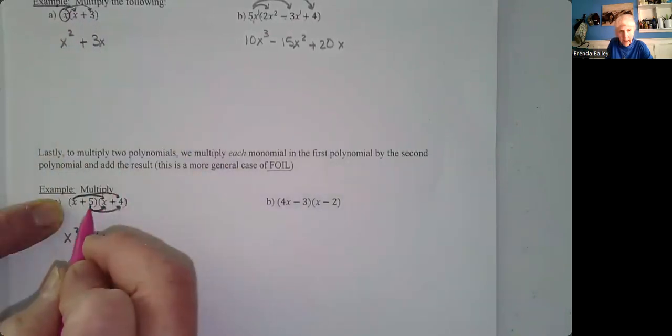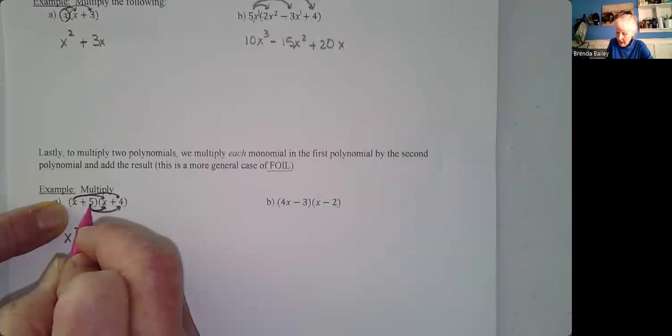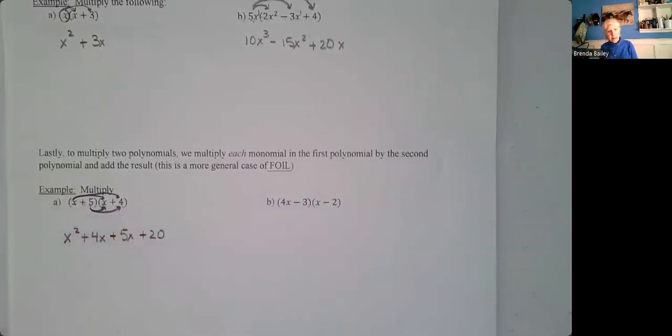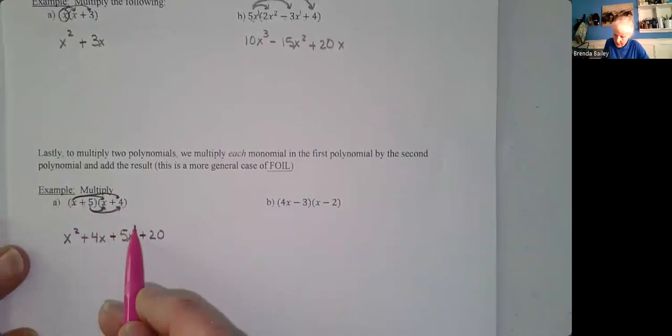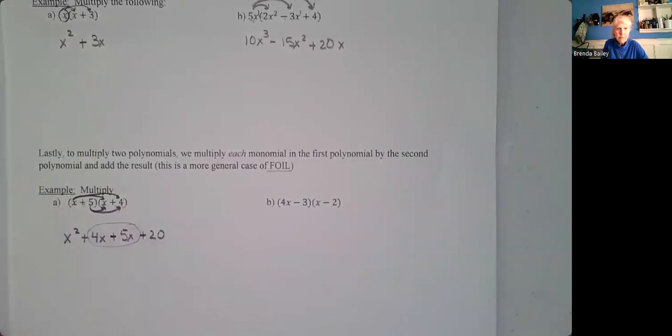Then we'll take the 5. So plus, because positive times a positive is a positive. 5 times x is 5x. A positive 5 times a positive 4 is a positive 20. 99% of the time, you'll be able to combine those in the middle.